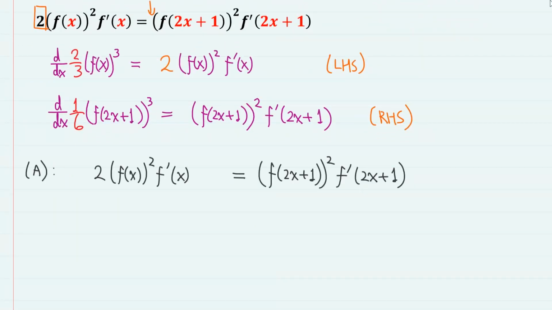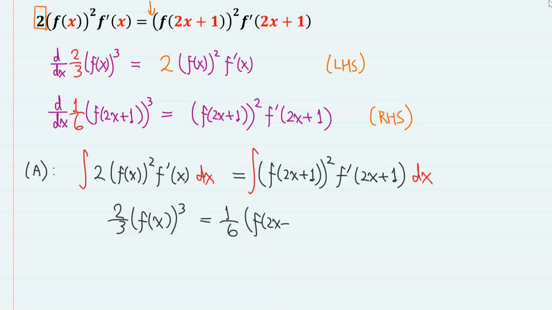Therefore, from condition A, if we integrate both sides, we obtain 2/3 of f(x) cubed on the left-hand side equals 1/6 of f(2x+1) cubed plus c, where c is the constant of integration.